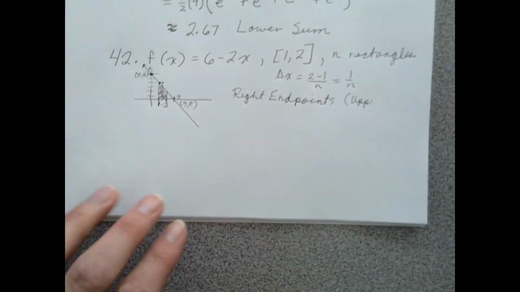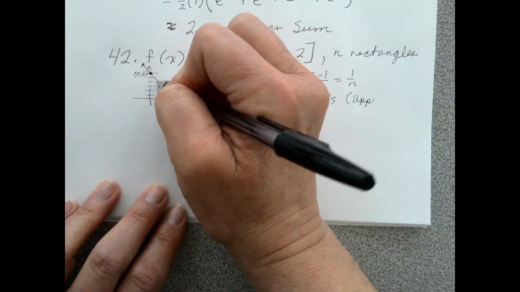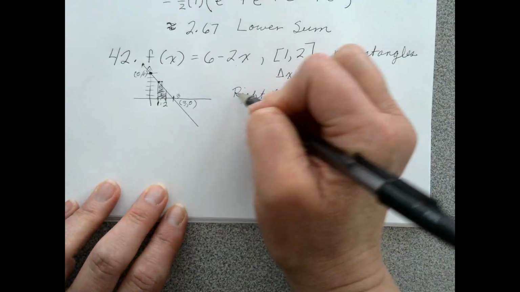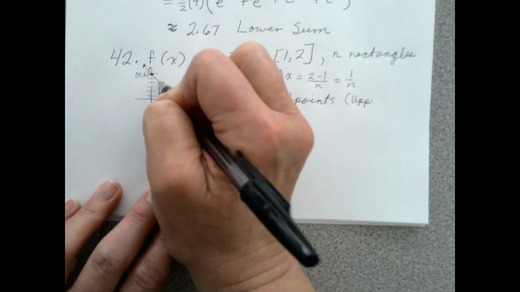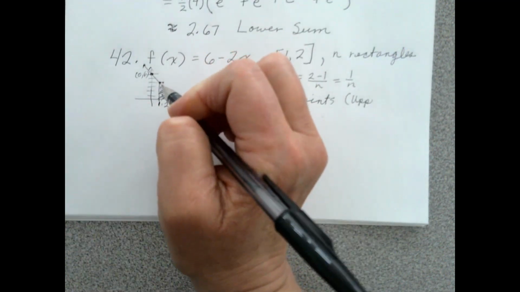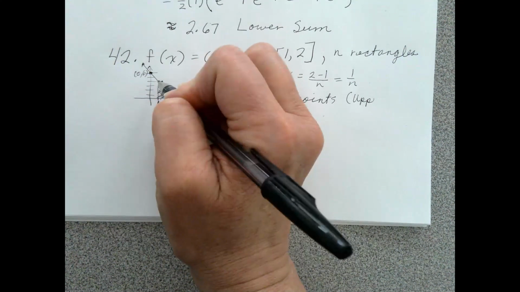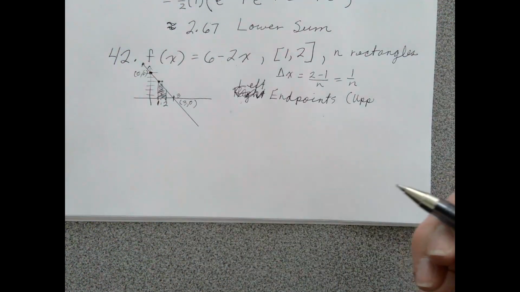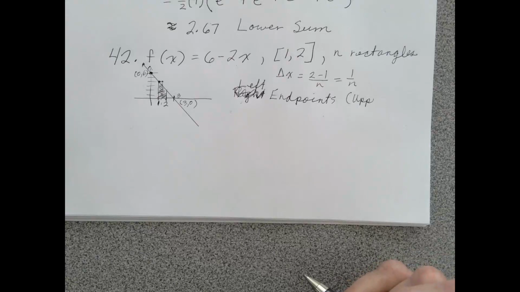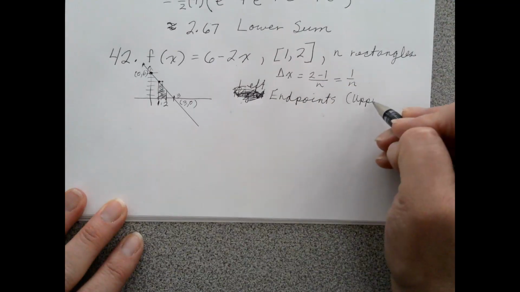That's a left endpoint that I'm drawing. Yes, you're right. Okay, so this is the left endpoint that I just drew there. So let's change that to left. Sorry. The point that's on the function, if you draw in the rectangle, if it's on the left, that's a left endpoint. If the point that's on the function is on the right, then it's a right endpoint. Make sense? Okay, so the left endpoint is going to be an upper sum.